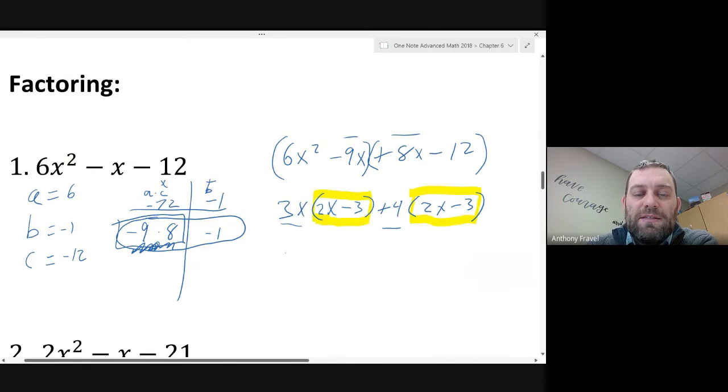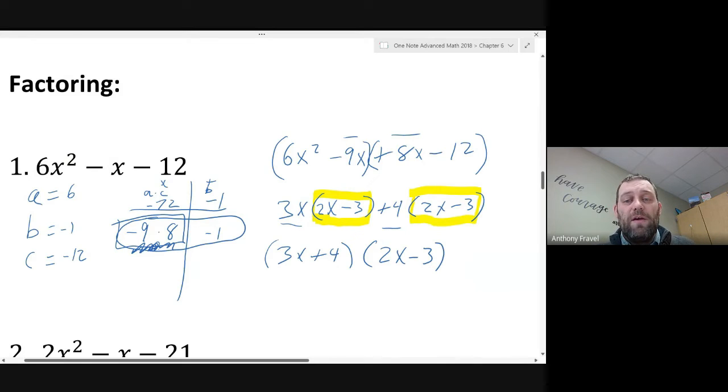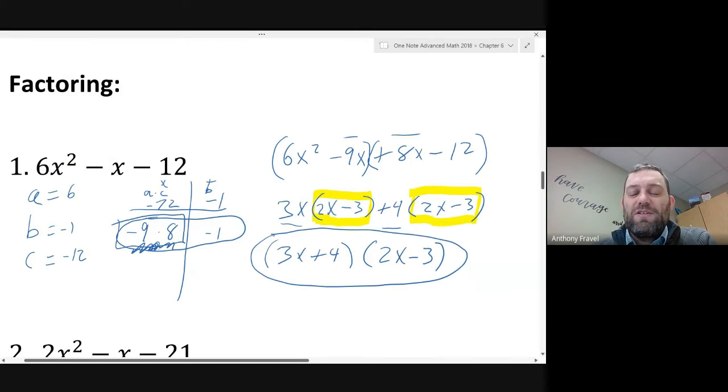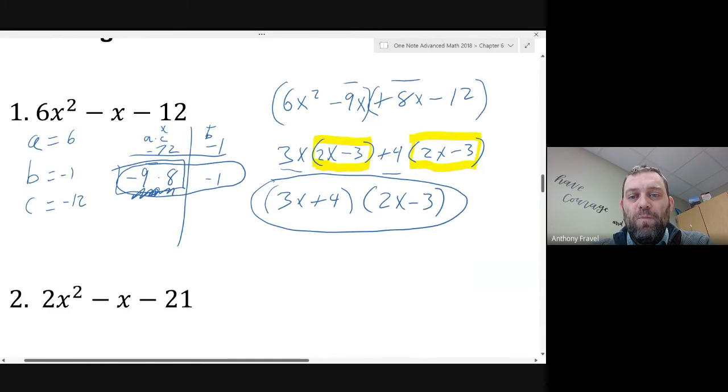So that 3x plus 4, those are going to go into a set of parentheses by themselves. And that 2x minus 3 that we just solved for, those will go into a set of parentheses by themselves. And that is going to be your solution for the factoring when you have something that's greater than 1 in the value of A. Okay, we're going to do another one.